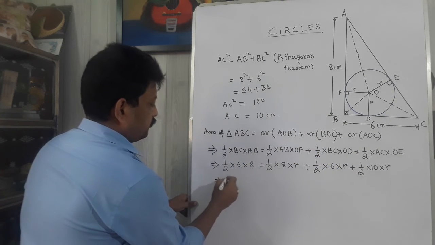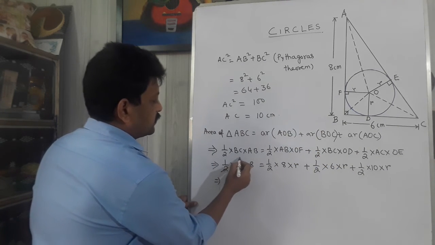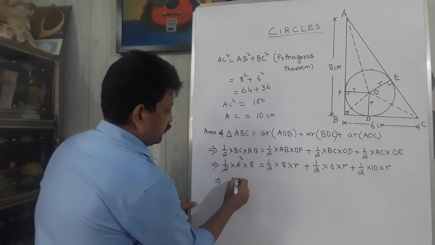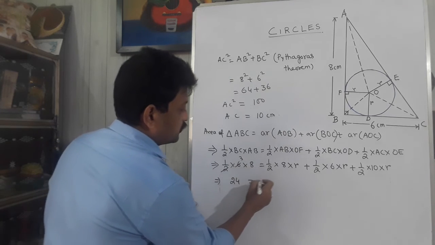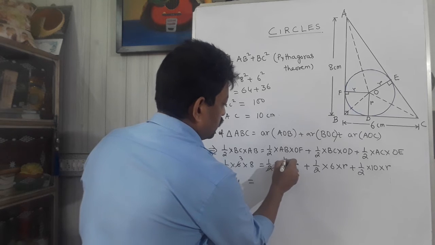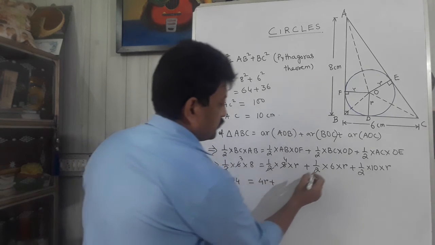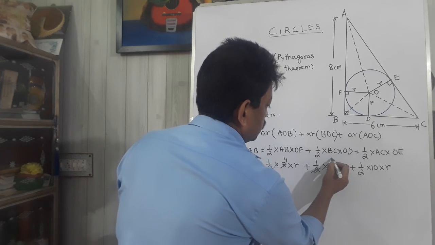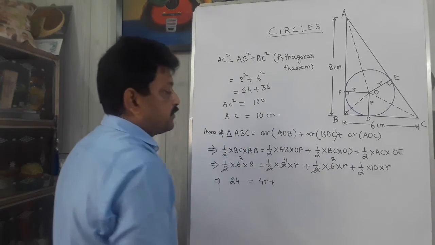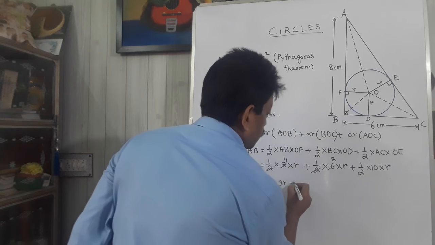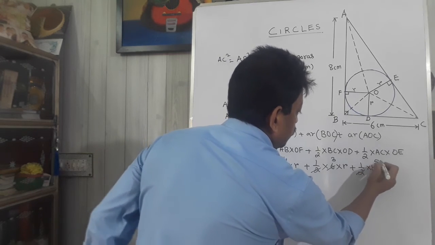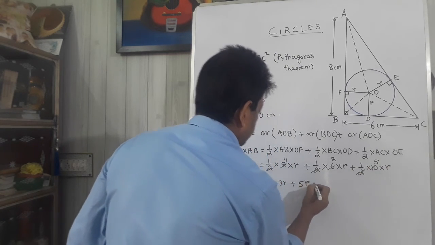Okay, so 2 cuts 6 is 3, 3 8s are 24, equals to, here also 8 cuts 2 cuts 8 is 4, 4R, plus 6 is cancelled by 2, so it gives 3, 3R, and 2 cuts 10 is 5, so 5R.